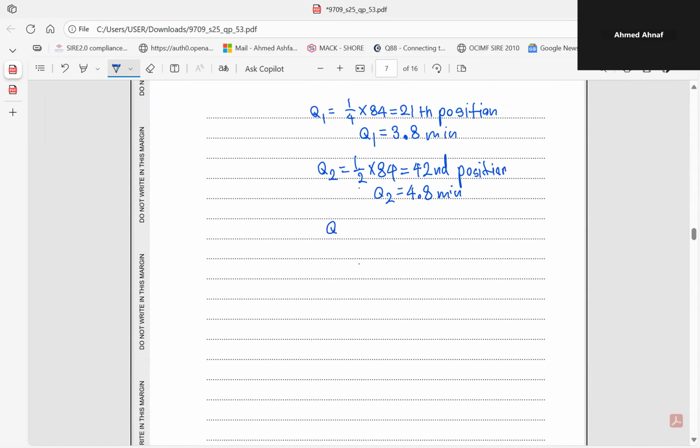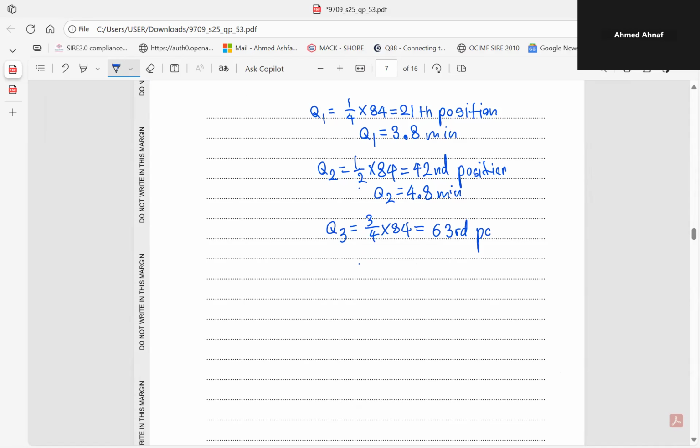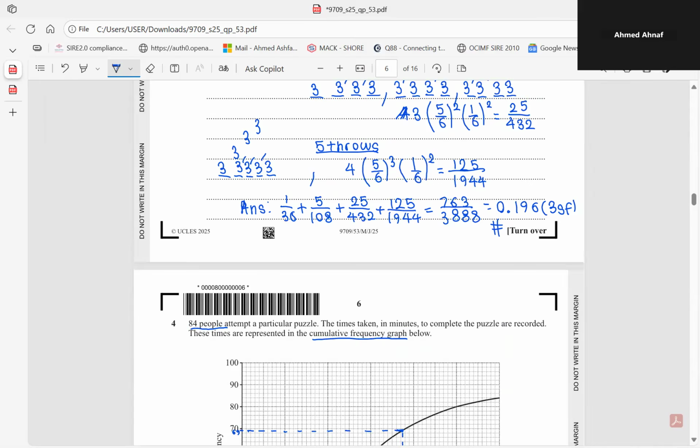And now Q3 is just 3 over 4 times 84, and that is equal to 63. So let's look at the 63rd position. Q3 would just be at the 63rd position.